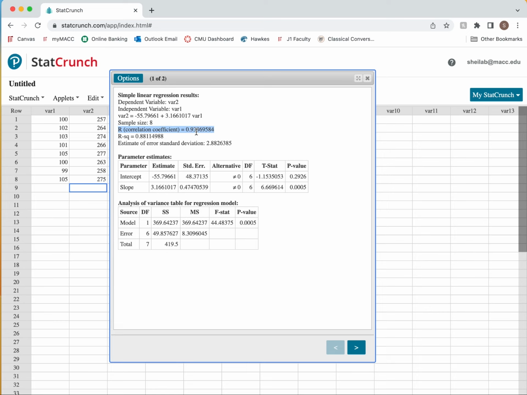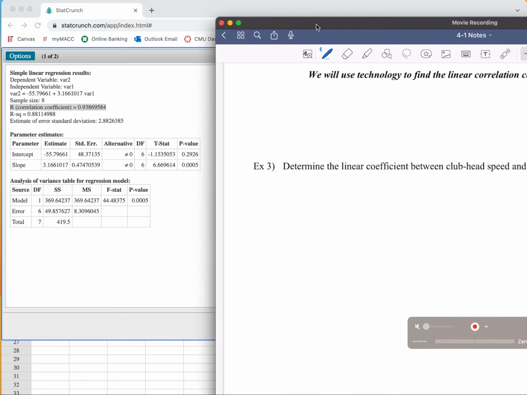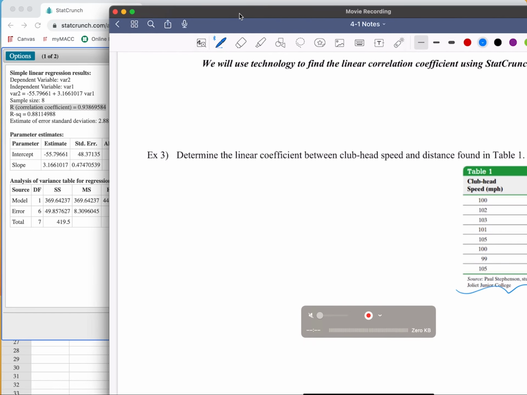So our correlation coefficient is going to be 0.9386. And we're actually going to take this to 3 decimal places and go from there. So I'm going to scoot this over, then bring my iPad screen back in here, and I want to write this out because I want to make sure that you see what's going on here. These are the StatCrunch steps.